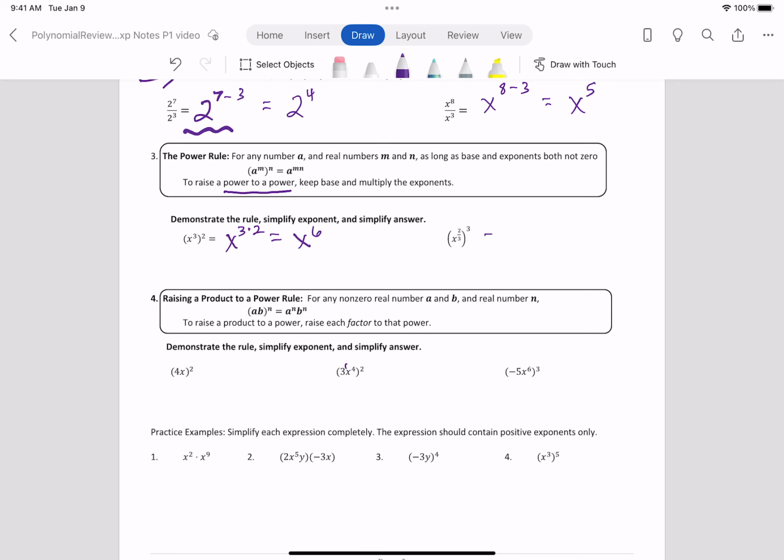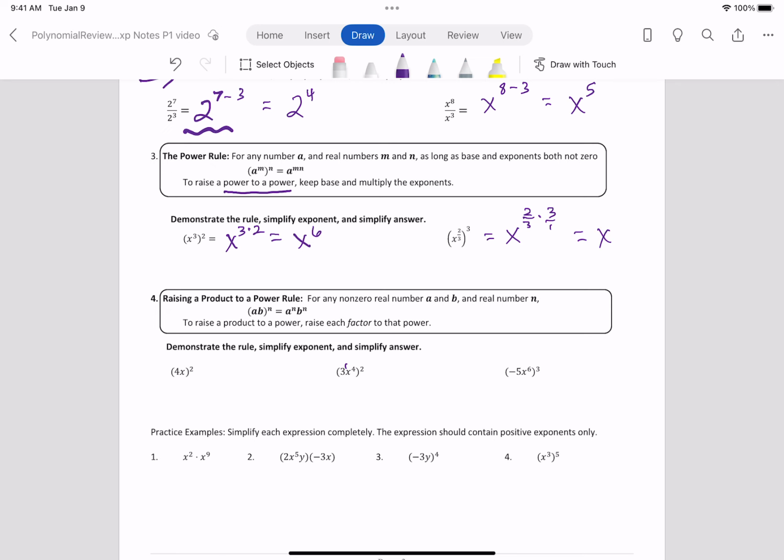Now the second one, we see a fraction, and that might make us cringe. But remember, we have a calculator. Don't let fractions worry you, because the calculator doesn't really care if it's a fraction or not. We still have a base of x, and we're going to multiply 2/3 times the 3. If you want to write that as 3 over 1, you can. I'm not going to ask you to demonstrate how to solve this problem.